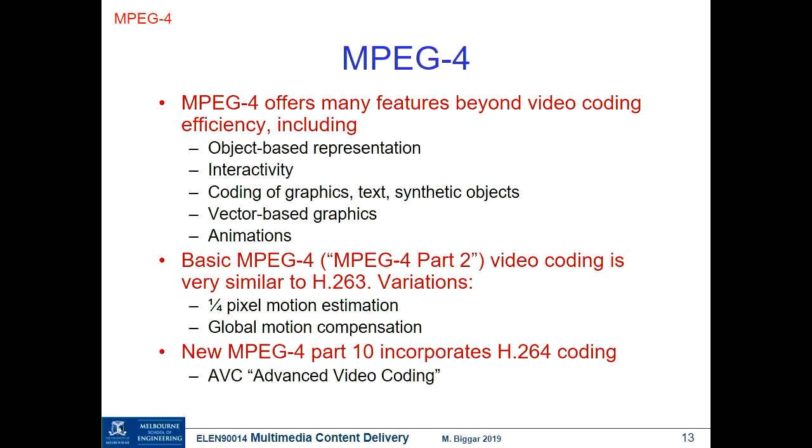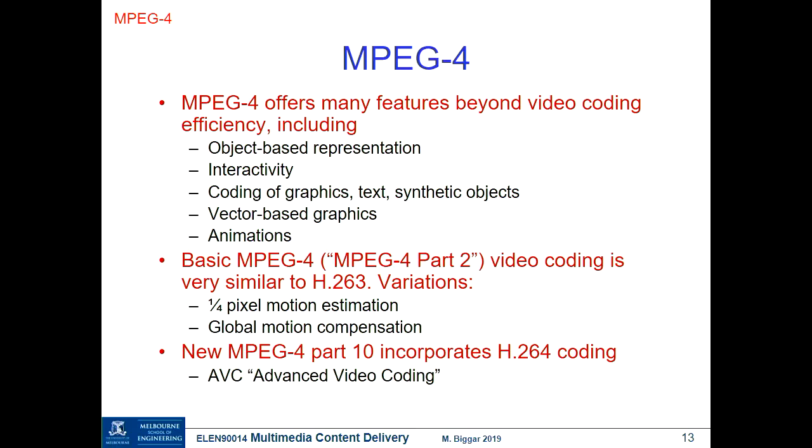Then it's additionally confusing because they did include a new video coding solution, which became known as MPEG-4 Part 2, but in comparison with what else was happening at the time, it wasn't all that impressive. It didn't give a significant improvement in performance that would make you use it rather than something that already existed.